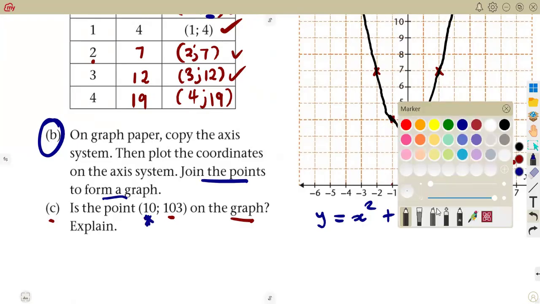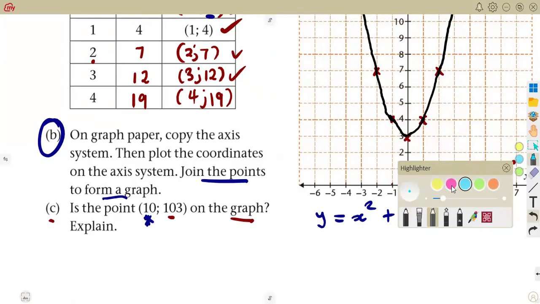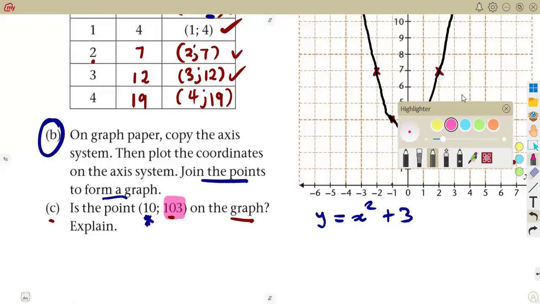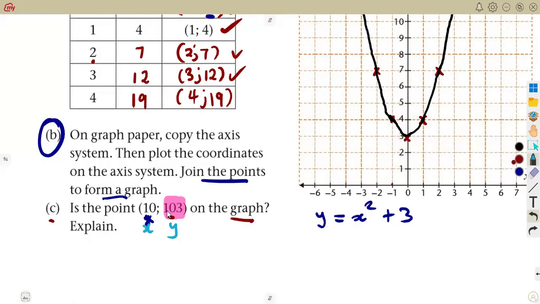Like I said, guys, before, you ignore the y value, as if it's not there. You substitute the x value because a point is made of x and y. So x is what? It's 10. You substitute that x where x is and see if you are going to get 103. If you substitute your x being 10, are you going to get 103?